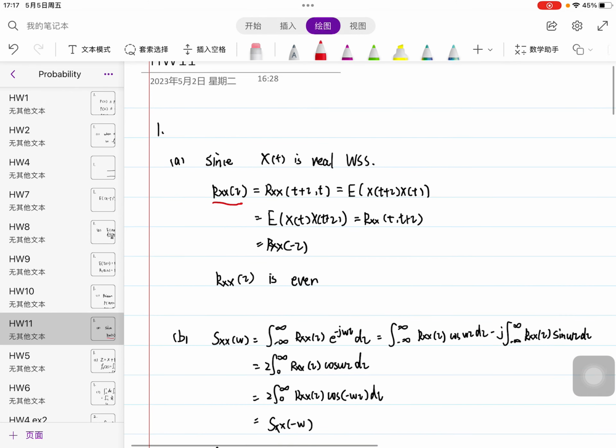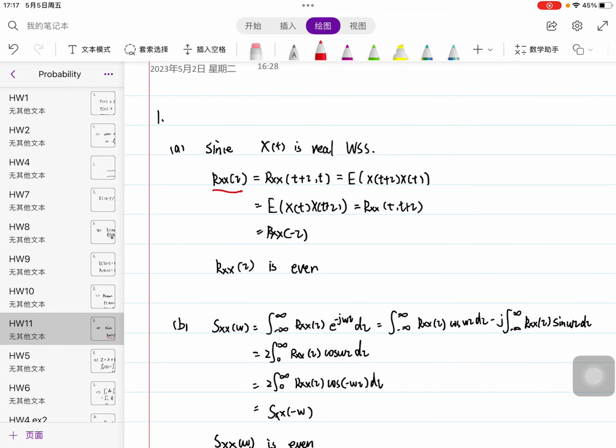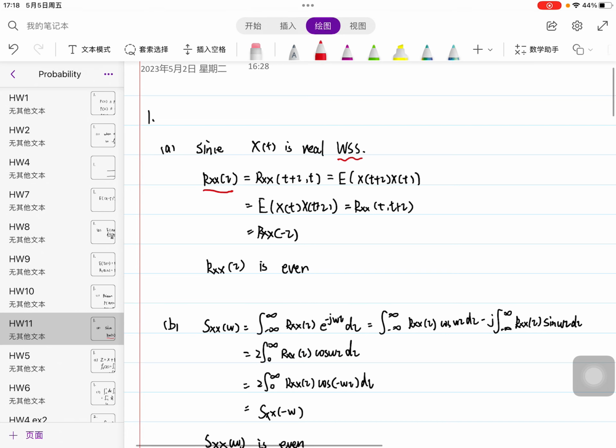So firstly, we'll prove that it is even. We are given that xt is real WSS. So the autocorrelation of tau could be written as t plus tau and t.